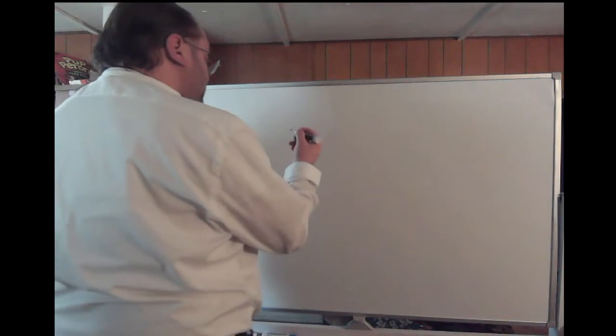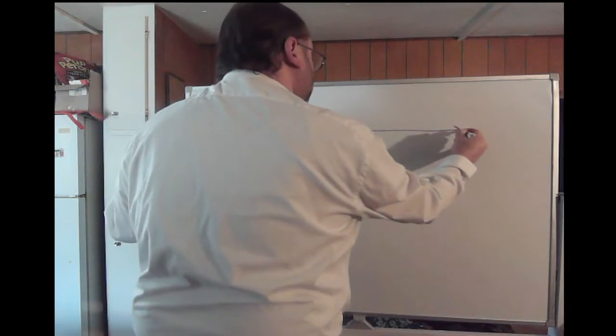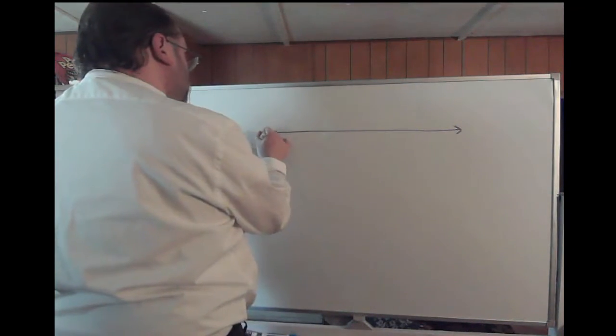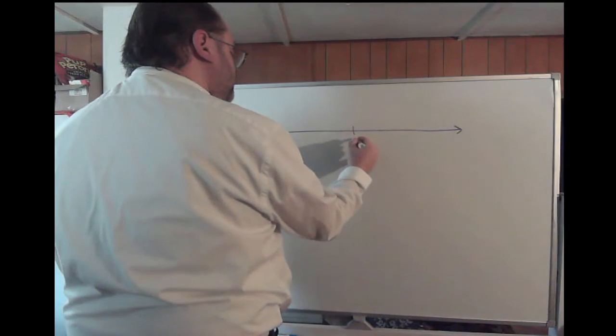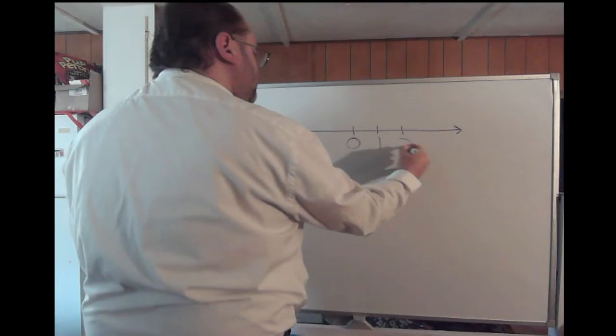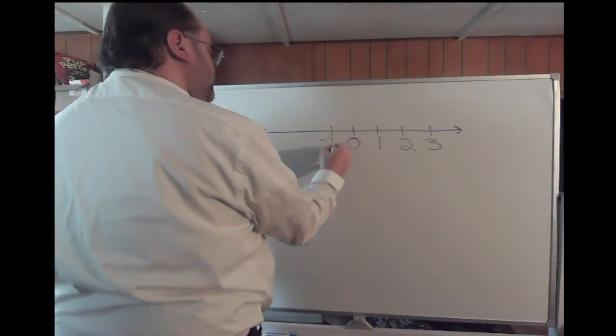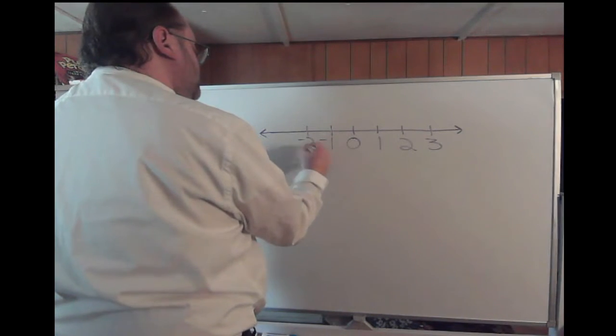Of course, in review here, we have our number line, right? You have 0 in the center. To the right of that, you have positive numbers. To the left of 0, you have negative numbers.